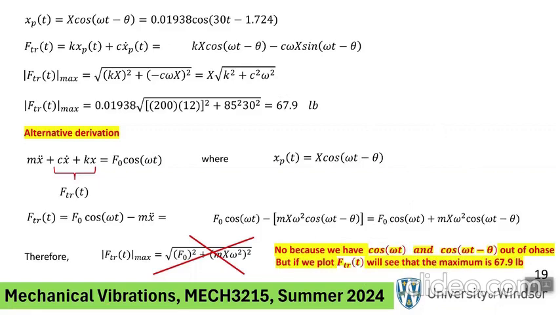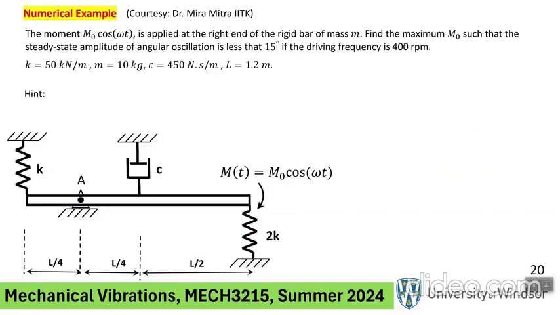So, good. Let's go to our next problem. We have a single degree of freedom system. There is a harmonic load applied here, but this is not a force, it's a harmonic moment. You're given information about the stiffness of that spring and this spring and the damping coefficient, and we are asked the following question.